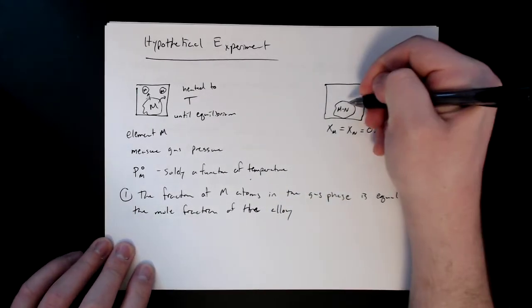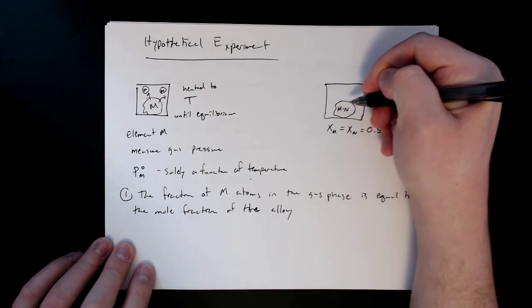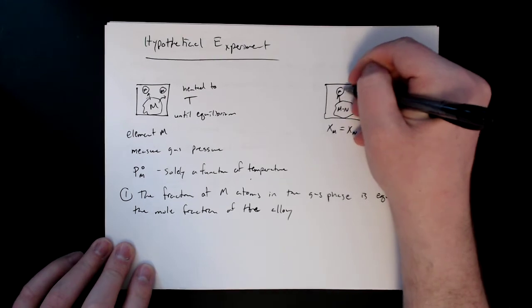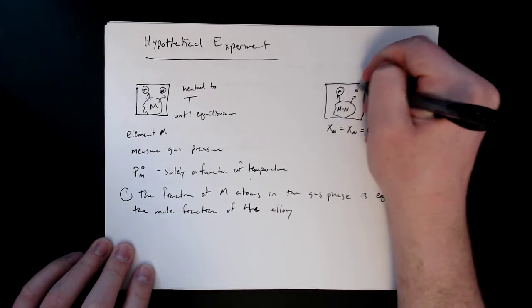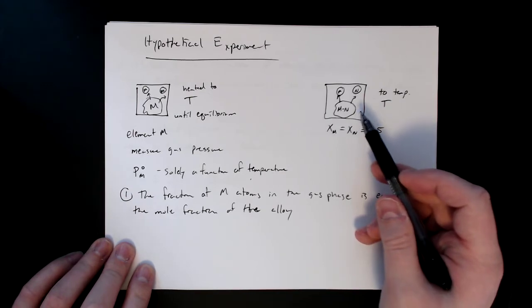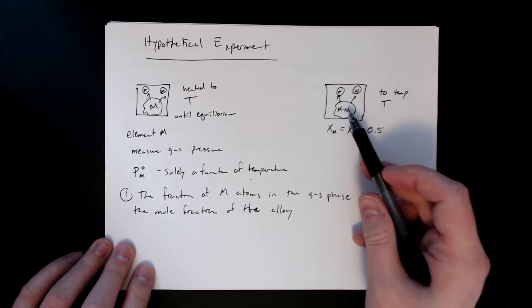Because we have this solid, so when it produces a vapor phase, we would expect M and we'd expect N atoms to go into that gas phase. But they don't have to do so at the same ratio as this.